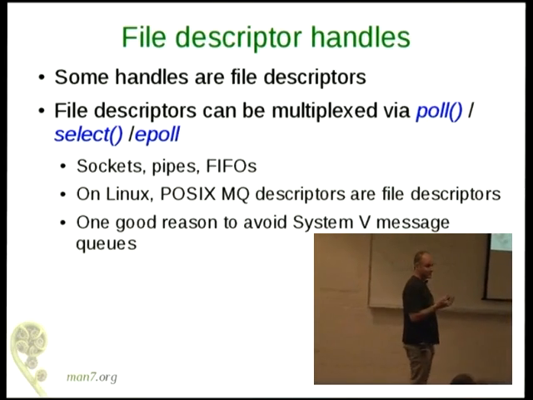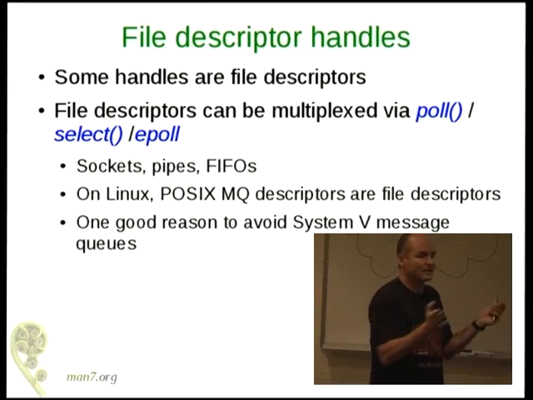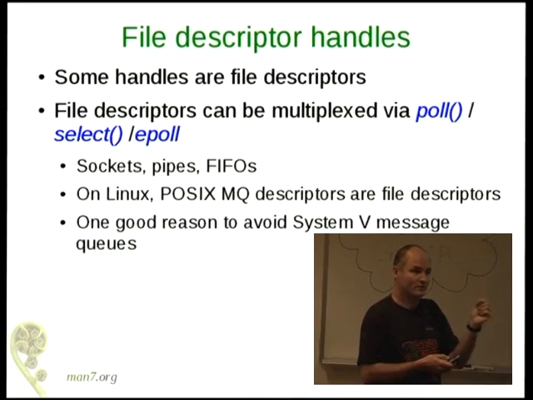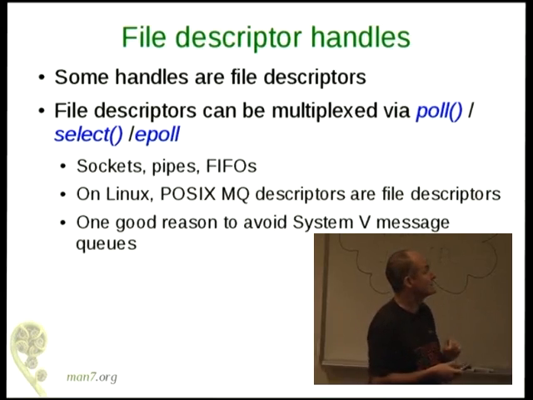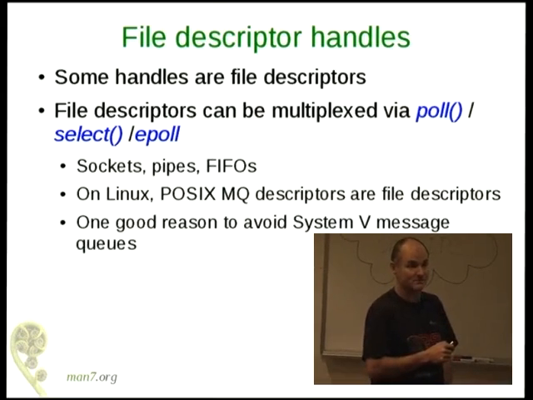You often have a situation where you've got a network server, for instance, that is handling multiple clients at the same time. It wants to find out whether there is something to read from all of those clients. Well, it can monitor all of those clients at once using one of these mechanisms.